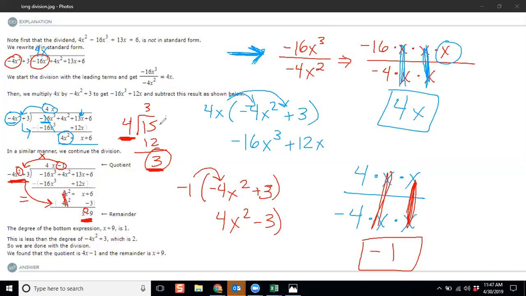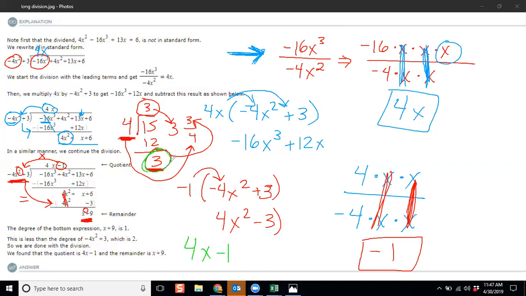In the same way we wrote this answer as 3 3/4, that is where that 3 came from, and this is where the 4 came from. So whatever's up here is your number. So the 4x minus 1 is what we write first.